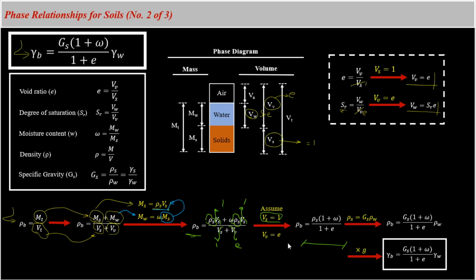And here, the density of the solids can be replaced with the specific gravity times the density of water. And then we get to this equation for the bulk density. And if we multiply the densities on both sides of the equation by the gravitational acceleration, we get our final equation for the bulk unit weight.